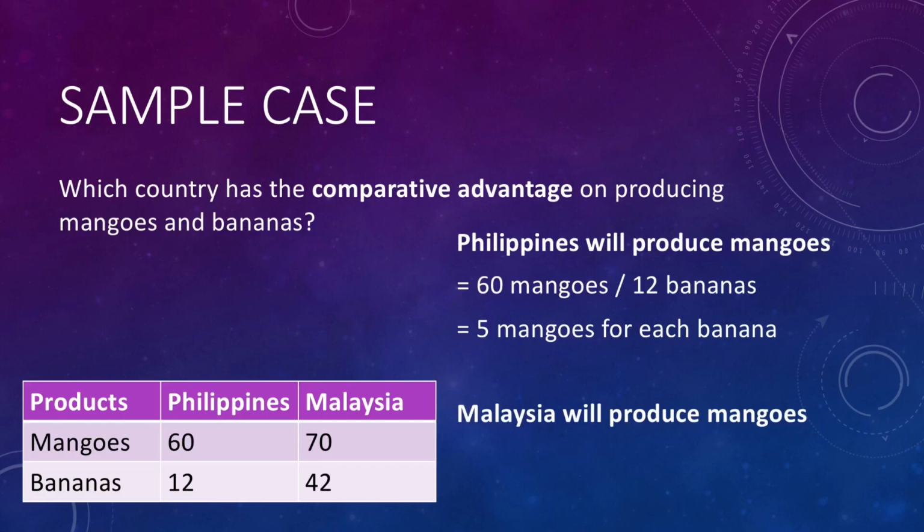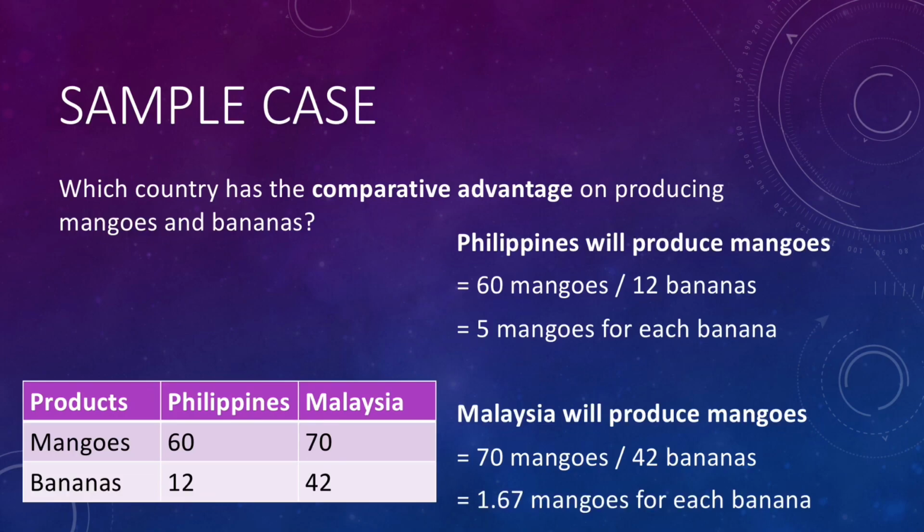Meanwhile, if Malaysia will produce the mangoes, 70 mangoes will be produced for that one labor hour instead of 42 bananas. As such, 1.67 mangoes would be sacrificed for each banana. As a result, Malaysia should be the one to produce the bananas.